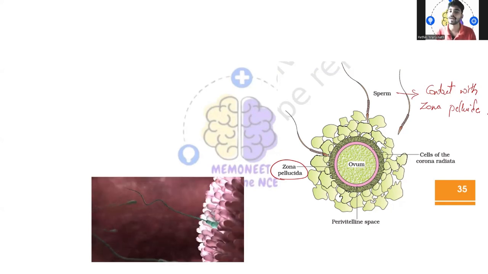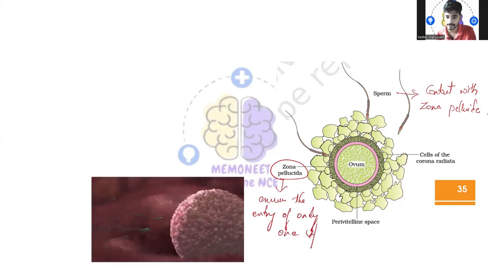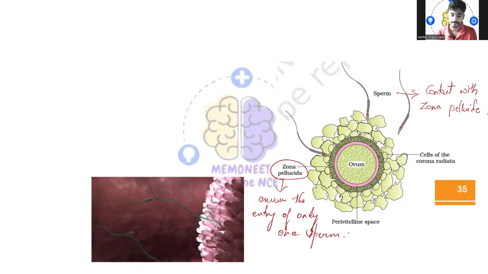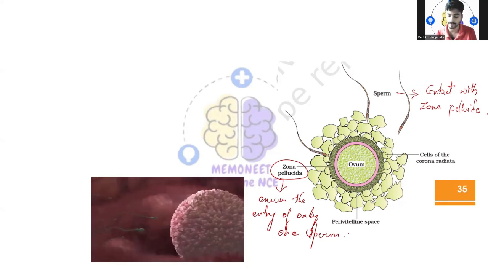So only one sperm gets to fertilize with the ovum. Clear? The zona pellucida region ensures the entry of only one sperm.